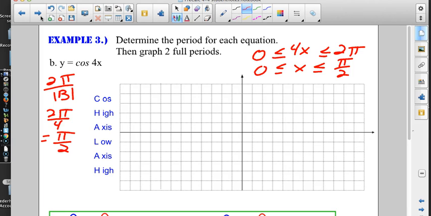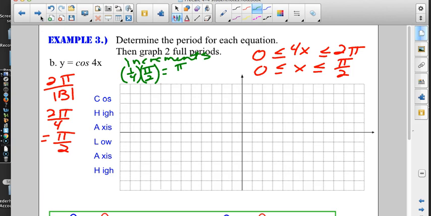But what that usually does is it helps people start thinking, okay, I'm going from 0 to pi over 2. I need 4 increments. So I'm going to need a fourth of that pi over 2. And that means we're going in eighths.